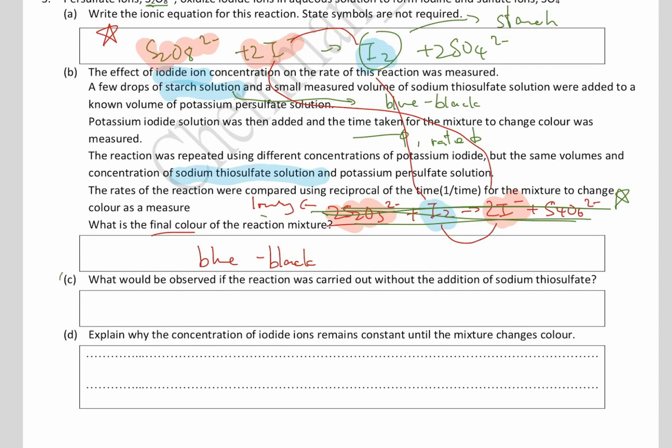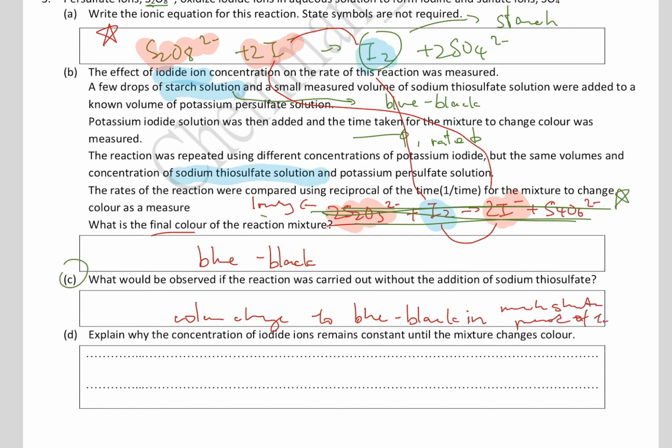Because here it was actually asking you what the function of sodium thiosulfate is. If you don't have thiosulfate, then maybe the color still changes to blue-black, but this color change would happen in a much shorter period of time.